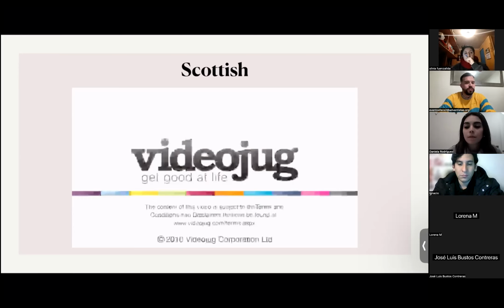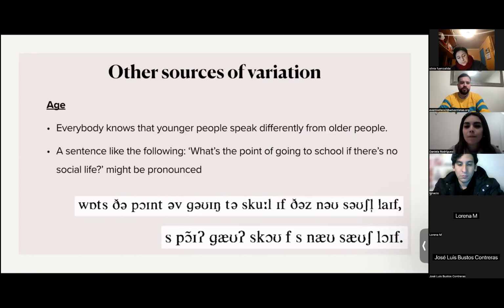Now we're going to jump into another, well, specifically, we're going to go to other sources of variation. And for me, this is very important, the age. The age is a source of variation. In Spanish, do you think that, but not about concepts, don't confuse, because those are not the same.